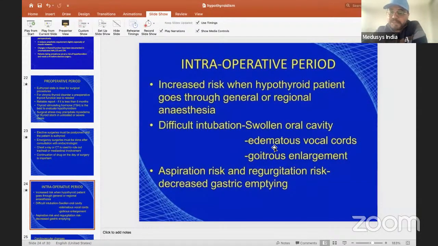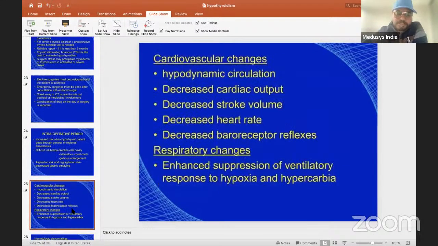Because with fiber optic intubation, if you are sedating the patient, are you sure that it will not collapse the airway, that it will not obstruct the airway completely? Thirdly, aspiration risk and regurgitation, because there is decreased gastric emptying time, so it's always there.